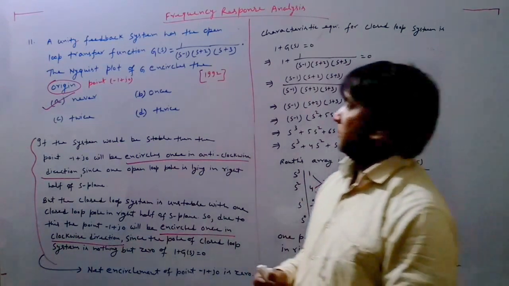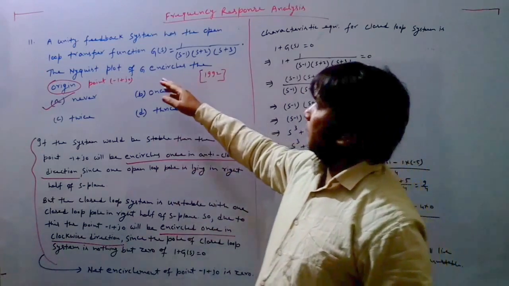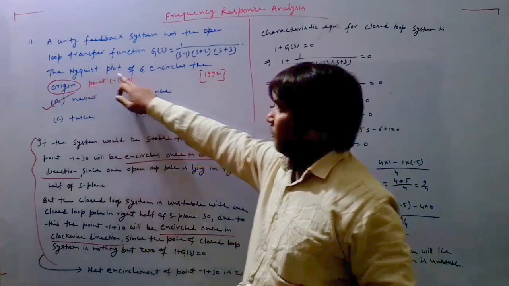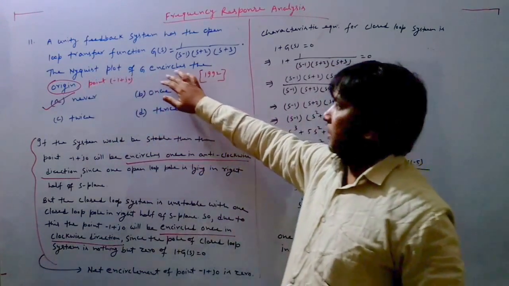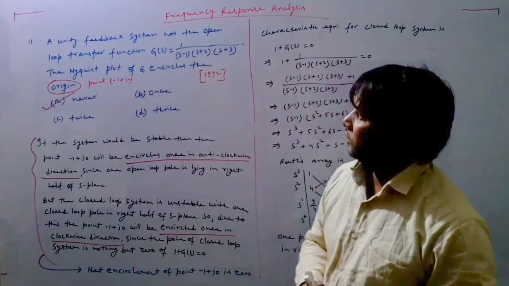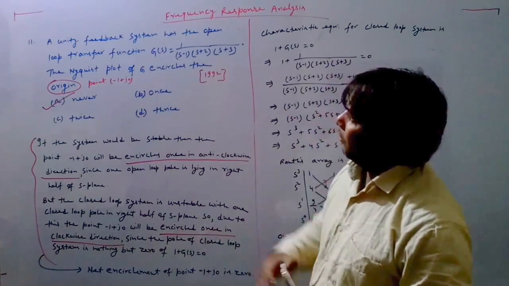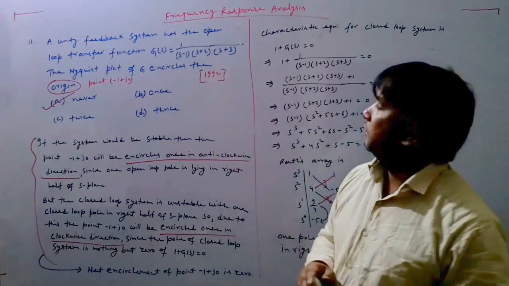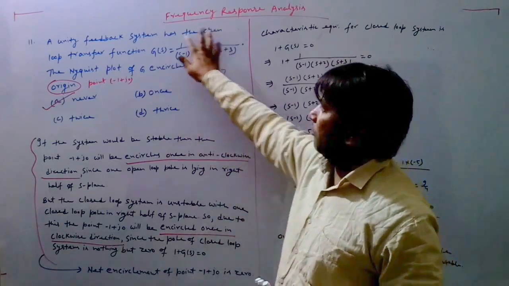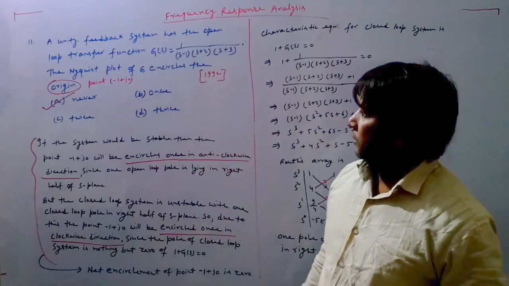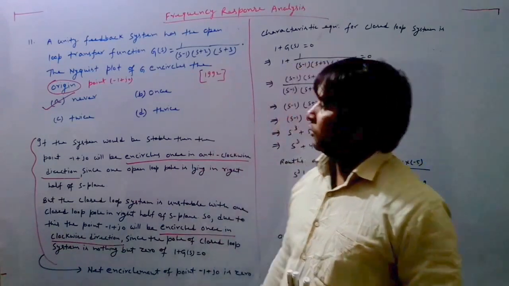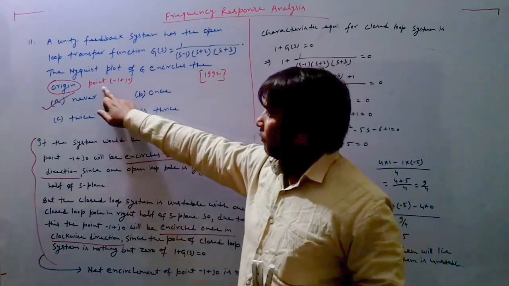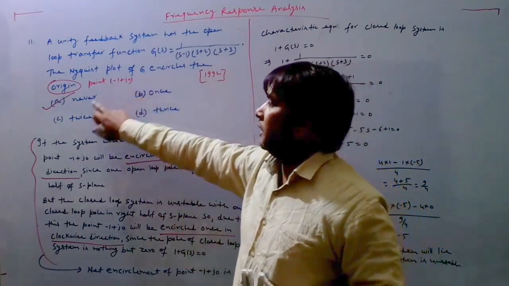Otherwise, the question should not be about the Nyquist plot of G, but the plot of this in the UV plane only. Then the question will be correct. So the question is confusing here. But if we take the encirclement of this point, then it will be never encircled.